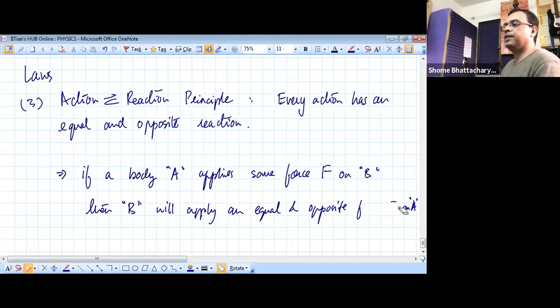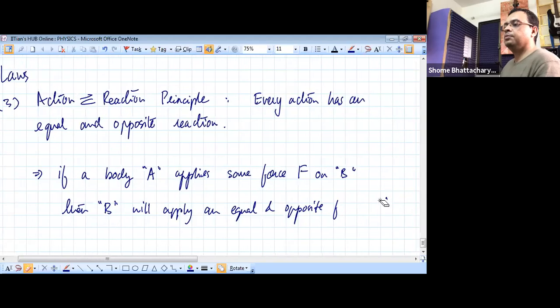If one body is applying an action on the other one, the other body will apply an equal and opposite reaction on it.